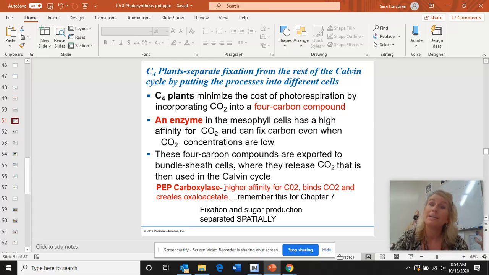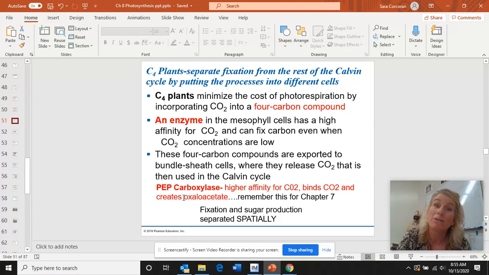It took a while for plants to figure out that PEP carboxylase worked better than Rubisco. And by then, as Crash Course says, plants had gone all in on the Rubisco, so only a few plants actually evolved PEP carboxylase. So it has a higher affinity for carbon dioxide. It binds to carbon dioxide and creates a 4-carbon molecule called oxaloacetate. That is a mouthful.